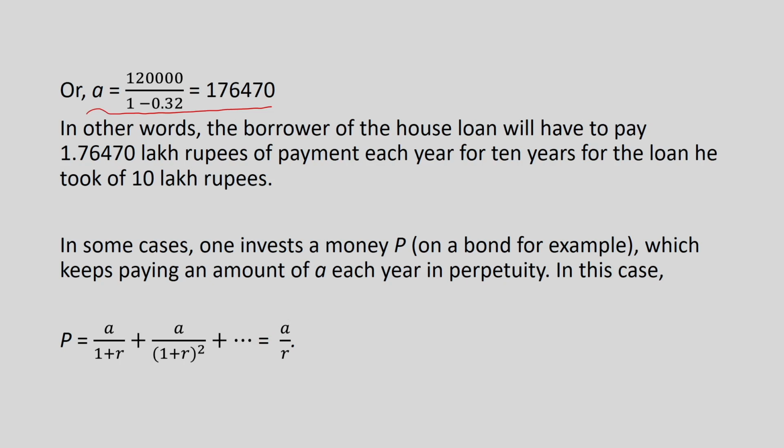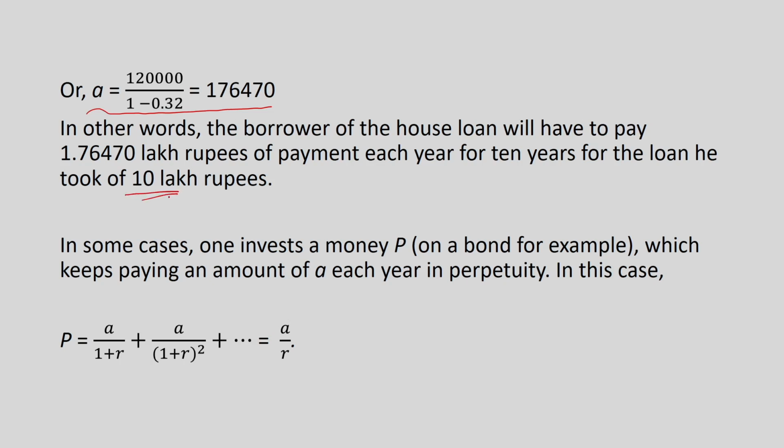In other words, the borrower of the house loan will have to pay 1.76470 lakh rupees each year for 10 years for the loan that he took of 10 lakh rupees.